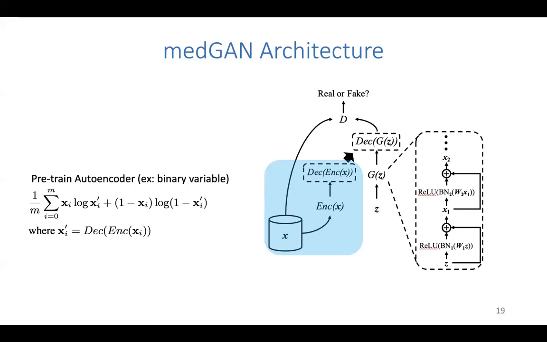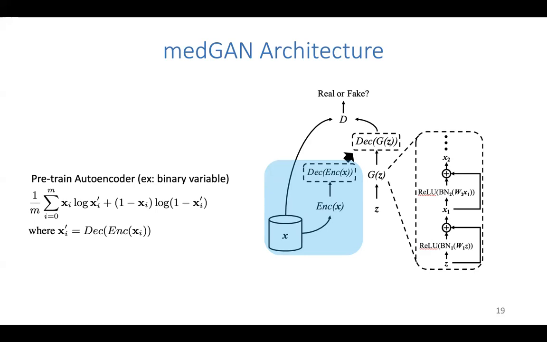Once we've trained the autoencoder, we throw away the encoder part and take only the decoder. We put the decoder on top of the generator. So now the generator only has to generate the compressed version of realistic electronic health records.